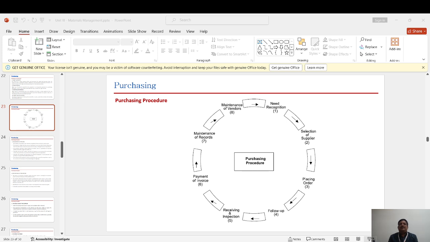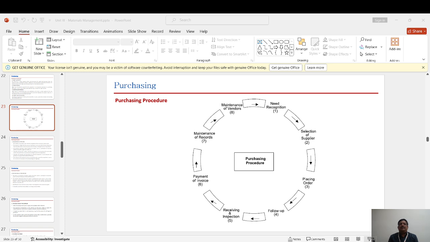Complete information about the supplier is available from various sources such as trade directories, advertisements in trade journals, direct mailing by the supplier, interviews with the supplier, salesmen's suggestions, business associates, and visits to trade fairs. Through all these we identify and select the supplier.